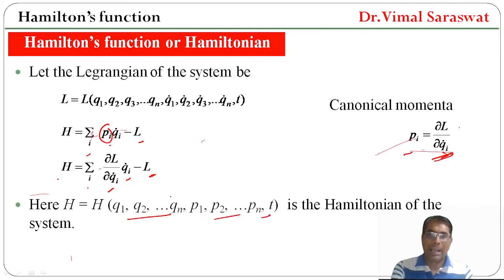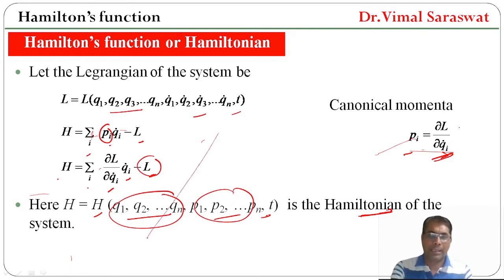It means H is a function of coordinate, momentum and time, and this H is the Hamiltonian of the system. So L is the Lagrangian and H is the Hamiltonian. The Lagrangian is a function of coordinate, velocity and time, whereas the Hamiltonian is a function of coordinate, momentum and time.